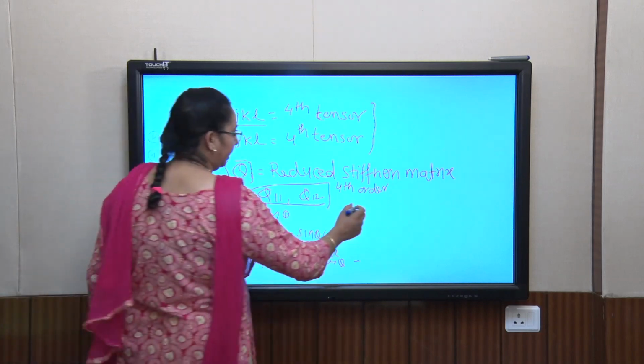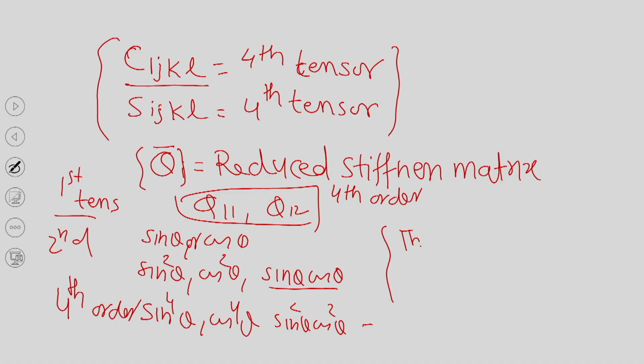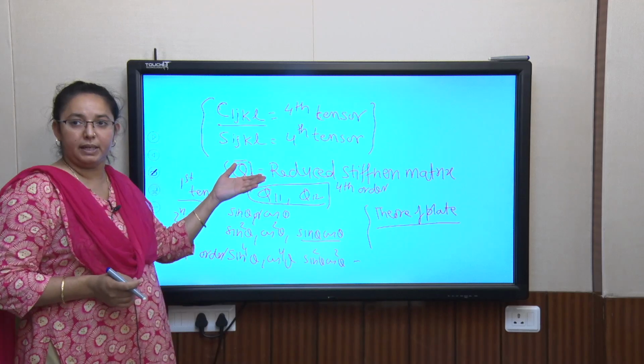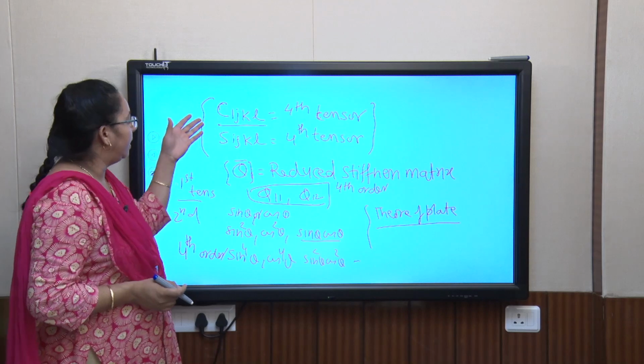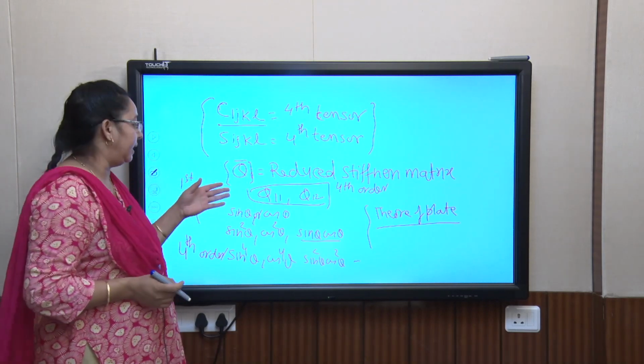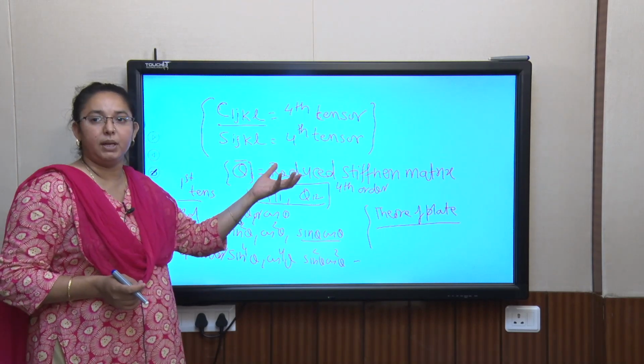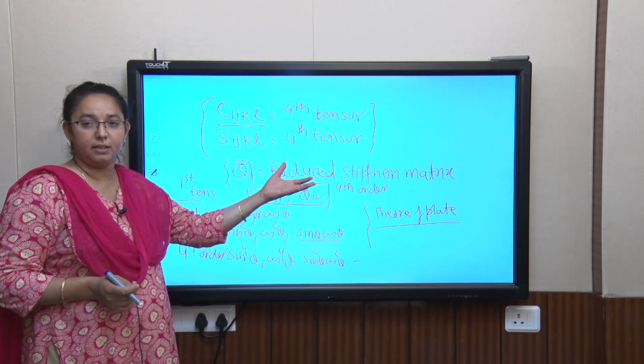You go through any theory of plates book. In the very first chapter, the basics, I have even shown you in my presentation how S_ijkl or Q11, Q12 can be represented in a transformed coordinate system.